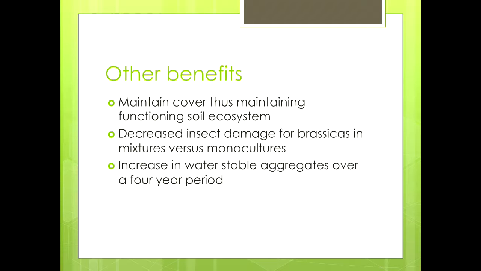If you have nothing covering it, your microbial communities really do suffer. We also saw decreased insect damage to the Brassicas. If we had monocultures of the Brassicas, the flea beetles just took them out, whereas with the mixtures, the flea beetles had problems finding the Brassicas.